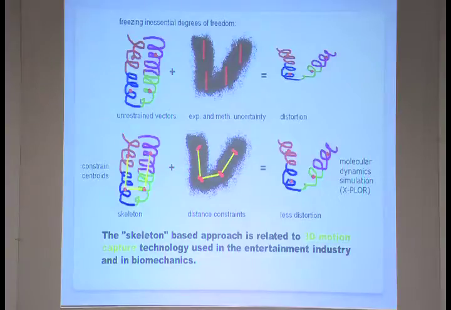This gives a slightly better result because it keeps the secondary structure almost intact. But this was used when the maps were at 20, 25, or 30 angstrom.